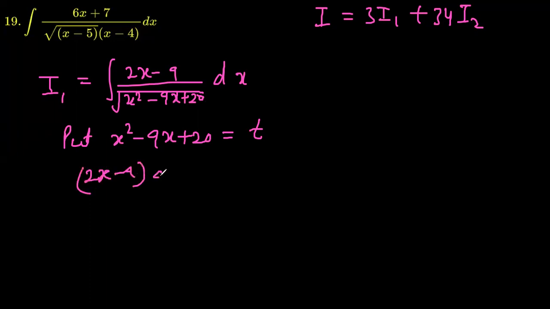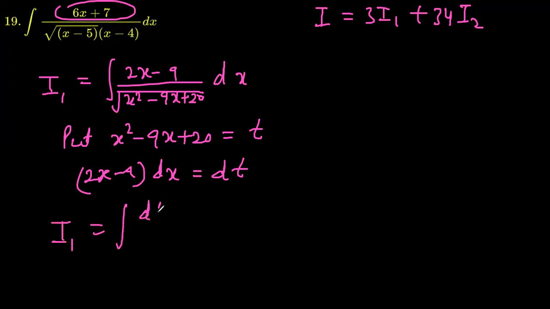That was the whole reason for transforming our numerator in that form, and this becomes easy to integrate. So 2x minus 9 dx is going to be dt. Now your I1 would look like the integral of dt divided by square root t, and the integration of this is 2 root t.